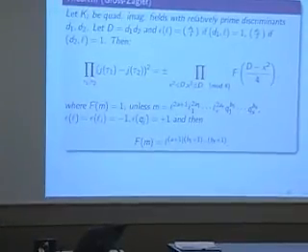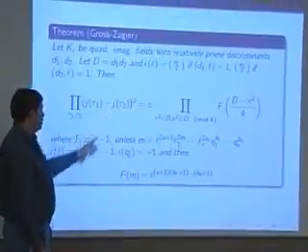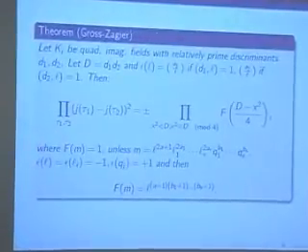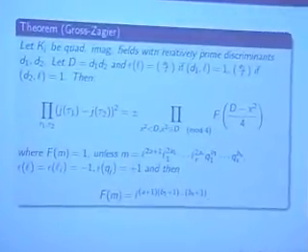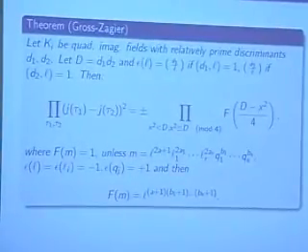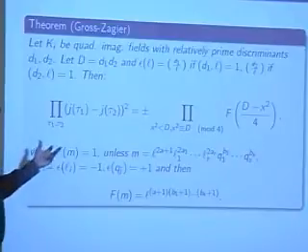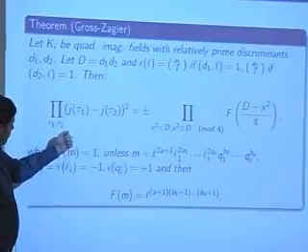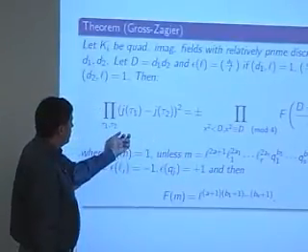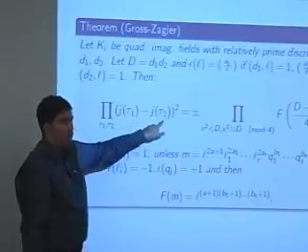Zagier. The theorem of Gross and Zagier takes this function, j tau 1 minus j tau 2, letting tau 1 and tau 2 run over representatives for imaginary quadratic fields satisfying, the discriminants are relatively prime. And it gives a closed formula for basically what you see here is the norm of the difference j tau 1 minus j tau 2.